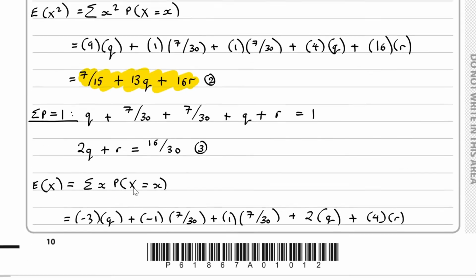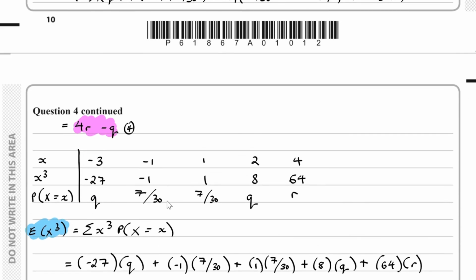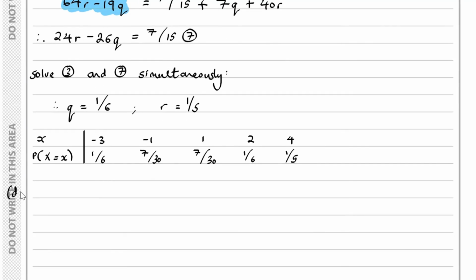And now for part D, hence find the probability that x cubed is greater than x squared plus 6x. Okay, so part D of the question. Well, if we look at this x cubed being greater than x squared plus 6x, we can rewrite this as x cubed minus x squared minus 6x being greater than 0.